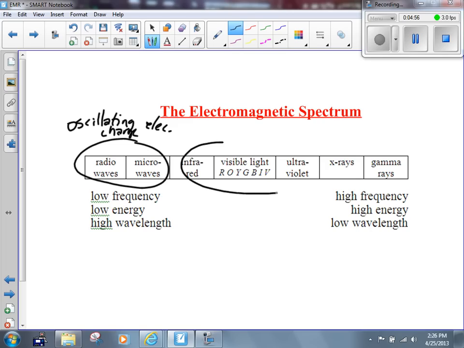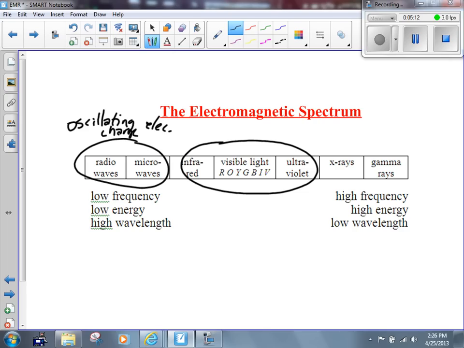Infrared, visible light, and ultraviolet are all produced in similar ways. They're all produced by what? Yeah, electrons and atoms, but specifically electrons that are on higher levels falling down to a lower level.